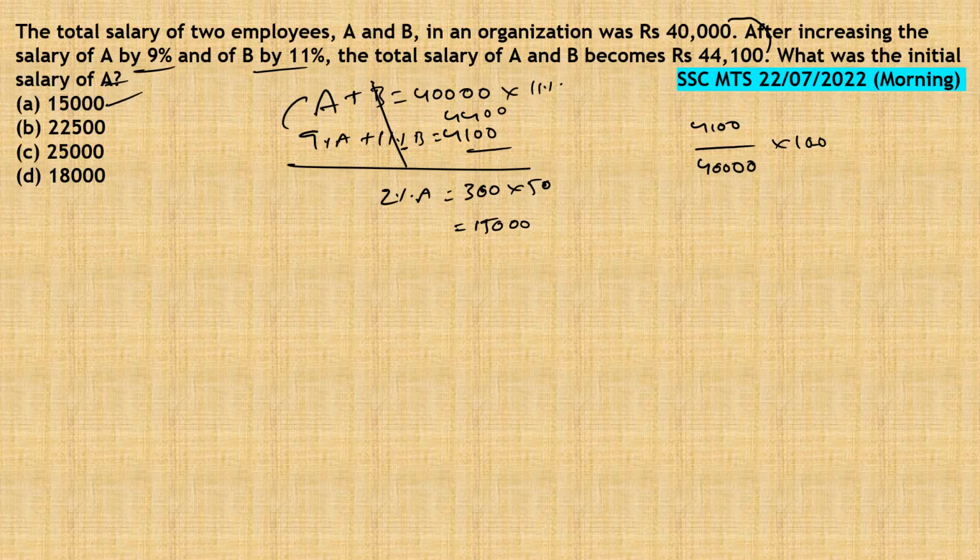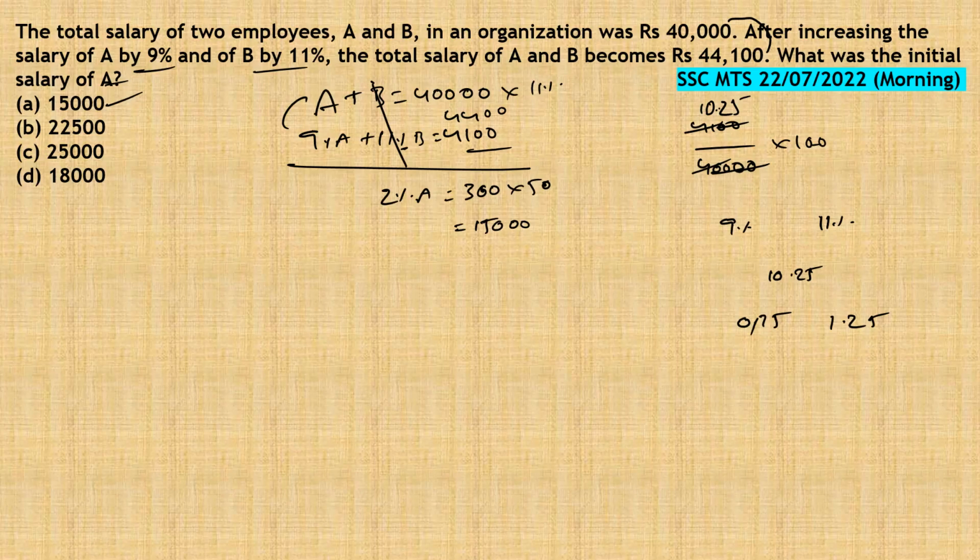The percentage increase is 10.25%, the average increase in the salaries of A and B. The salary of A increased by 9%, the salary of B increased by 11%, and on average it increased by 10.25%. 11 minus 10.25 is 0.75. 10.25 minus 9 is 1.25.